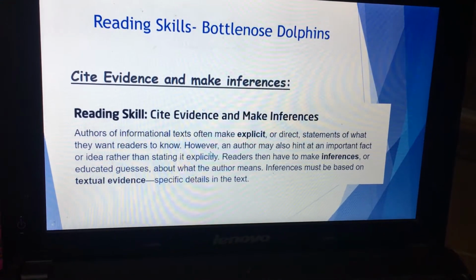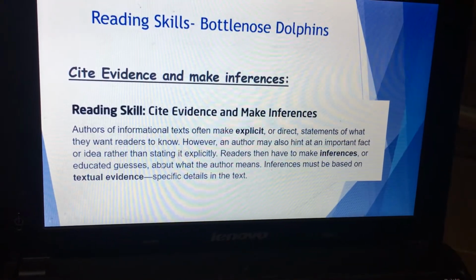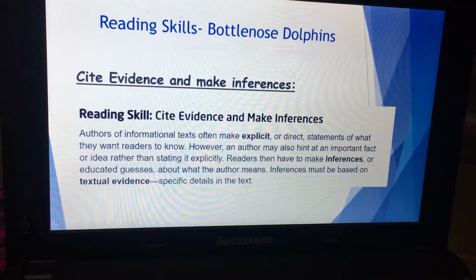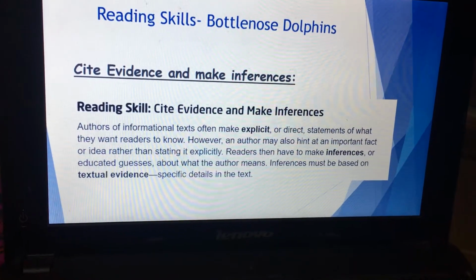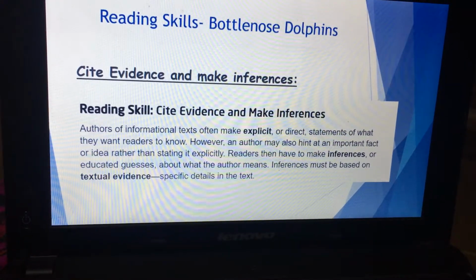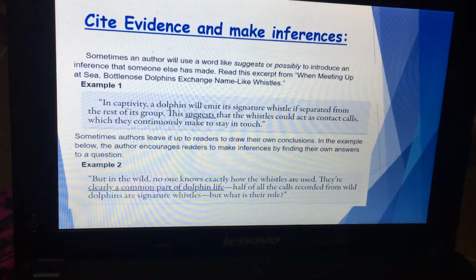However, an author may also hint an important fact or idea rather than stating it explicitly. Then you have to make an inference, you have to make your guess, you have to state what the author means based on the textual evidence and based on what you truly understand.